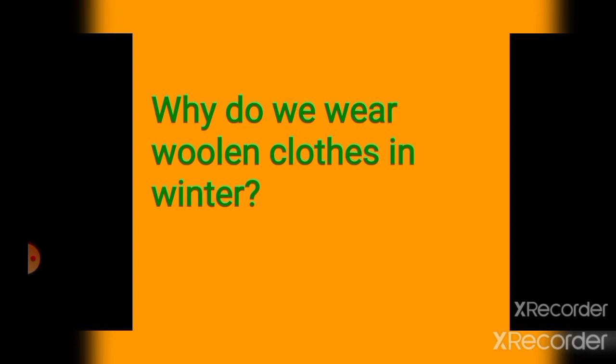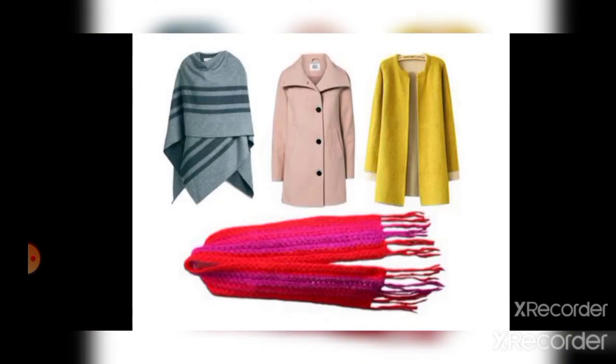Now, why do we wear woolen clothes in winter? We wear woolen clothes in winter because when it is cold outside, woolen clothes keep us warm during cold winter days. This happens because wool is a poor conductor of heat, due to which woolen clothes stop the flow of heat from our warm body to the cold surroundings.